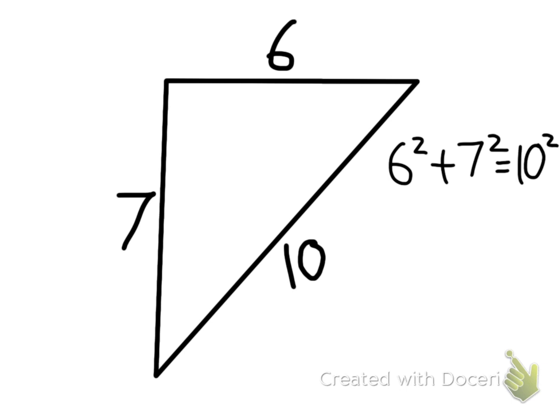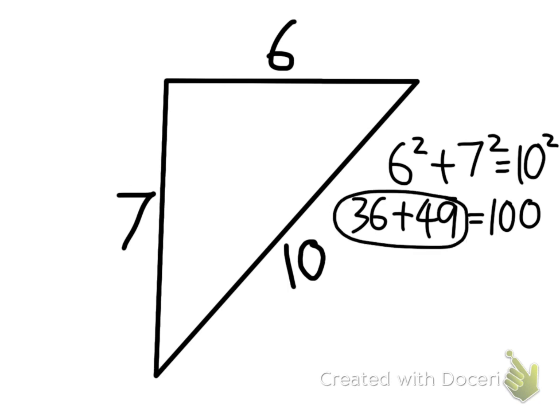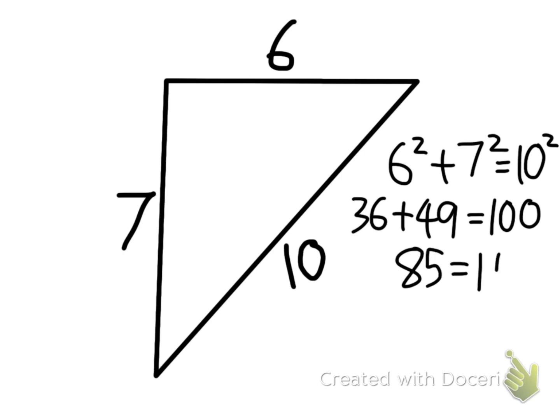You'll square all of the values to get 36, 49, and 100. And finally, add the two smaller numbers on this side of the equation to get a grand total of 85.